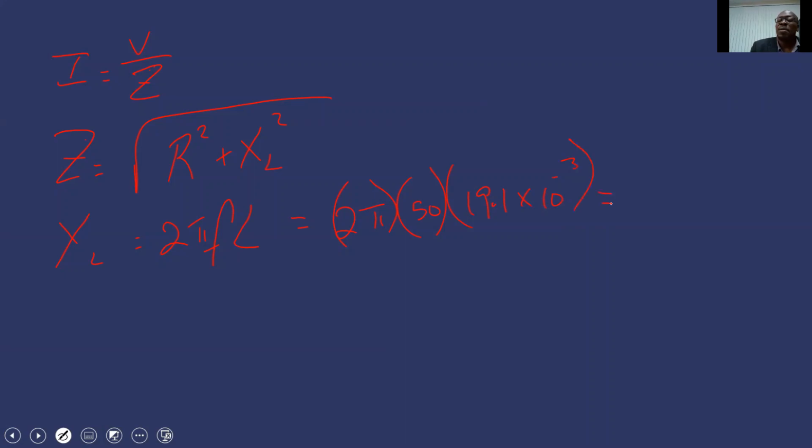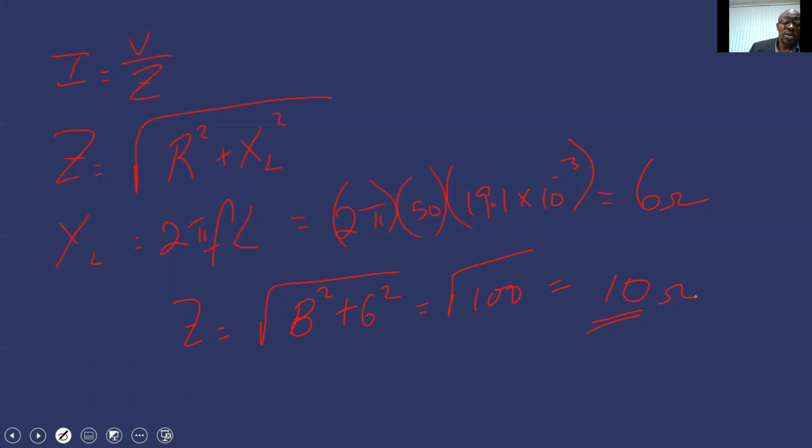And this is equal to 6 ohms. So the impedance Z is equal to the square root of 8 squared plus 6 squared, which is equal to the square root of 100, which gives us 10. So the impedance is 10 ohms.